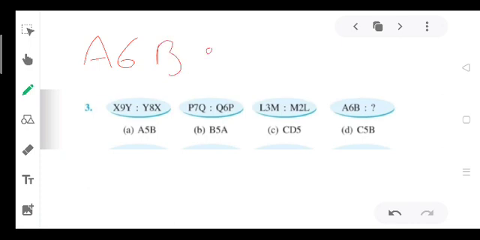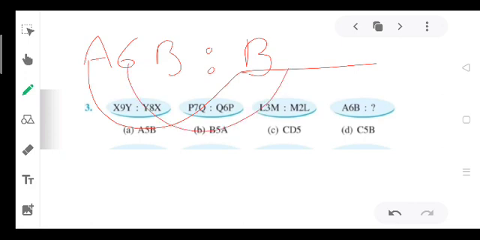A6B is to dash. This relation we have to find out, and we understood that the similarity which we have observed was that first letter and then its next letter, then number given, then its before number, that is 5.